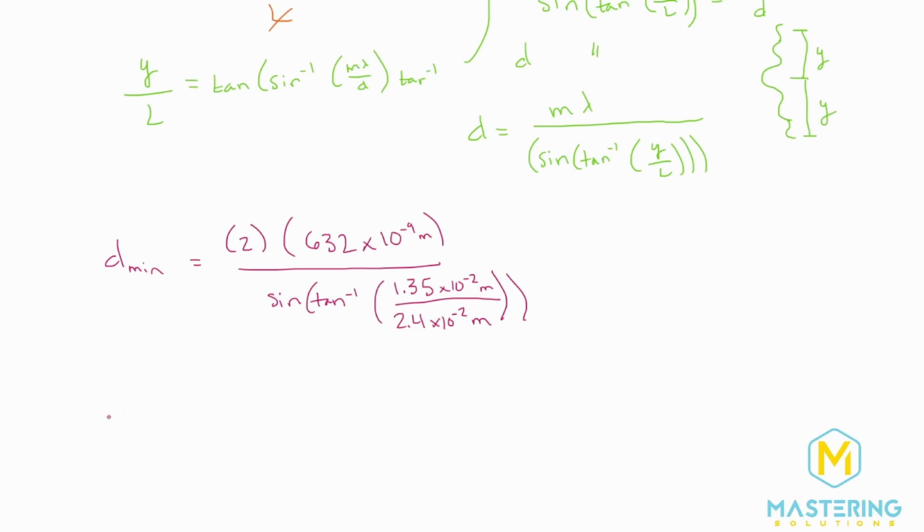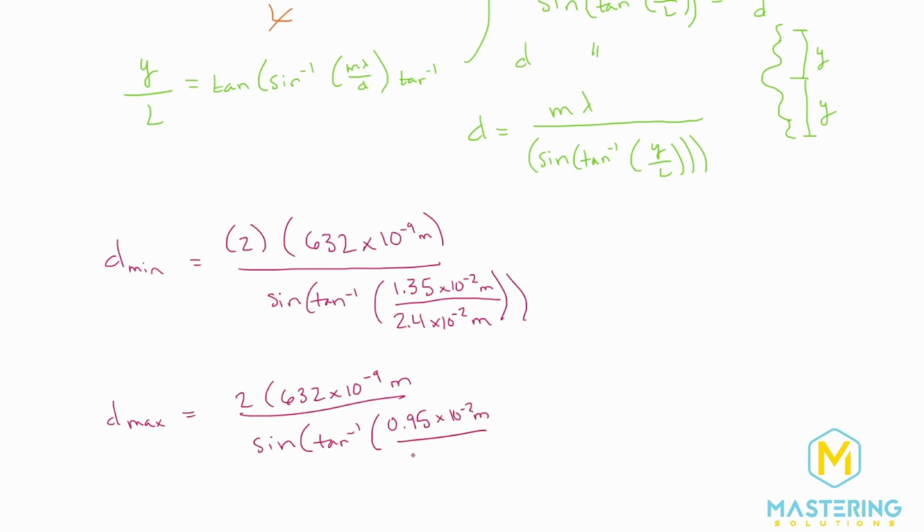And let's write the maximum too, so we can just do them both at the same time. So we have 632 times 10 to the negative 9 meters, all divided by sine, inverse tangent. And then this time we're going to take the other one, the 1.9, which will be 0.95 times 10 to the negative 2 meters divided by L, which is the same as 2.4 times 10 to the negative 2 meters. All right.